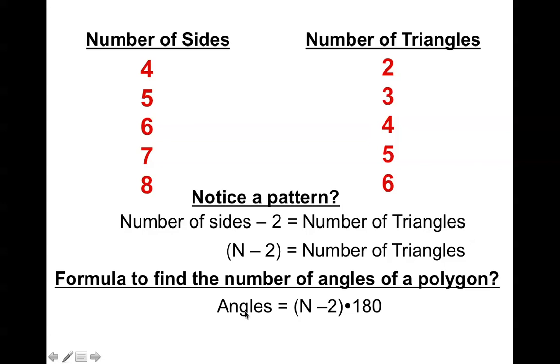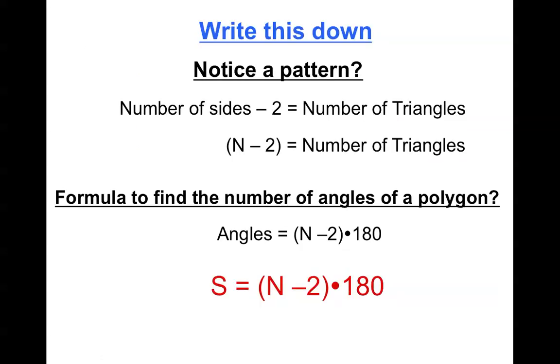That will give you the measure of the angles of any polygon. So the sum of all the angles equals n minus 2 times 180. Here's the formula we're going to be using.